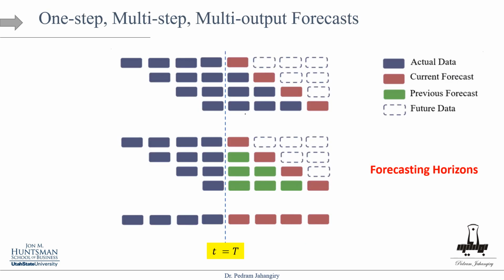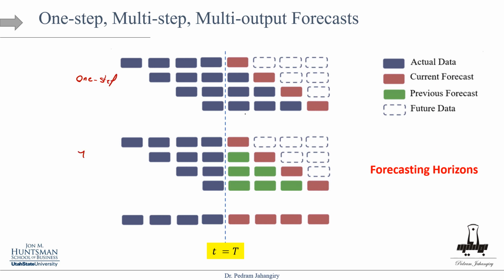All right, now let me show you how we can create those supervised machine learning data sets for different forecasting strategies. You have seen this slide before, and let me quickly review it because we're going to need the terminology from this slide going forward. At the top, we see our one step ahead forecast.